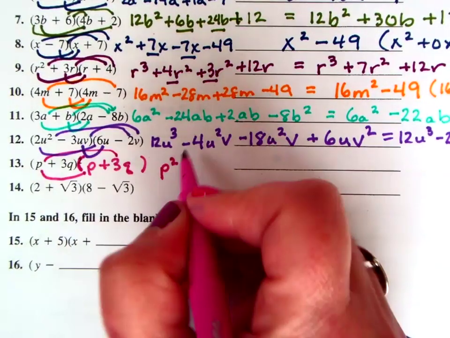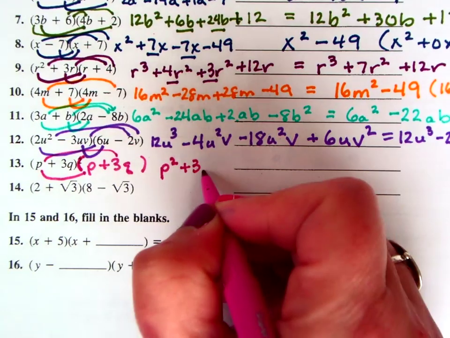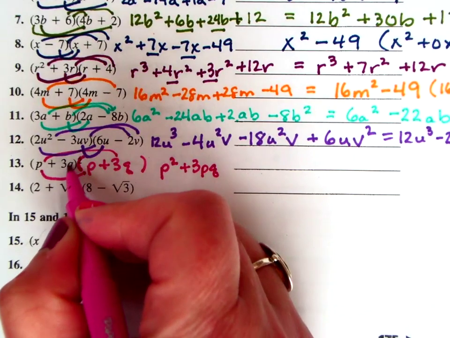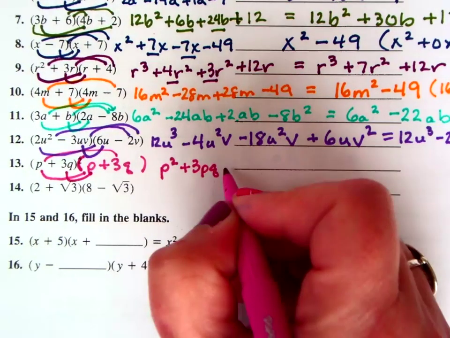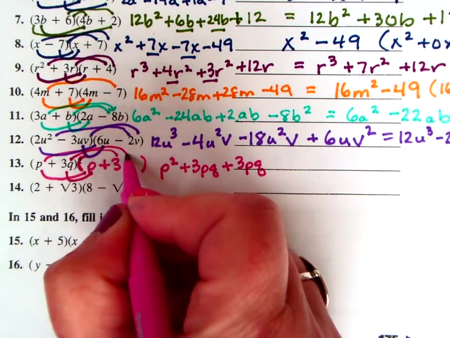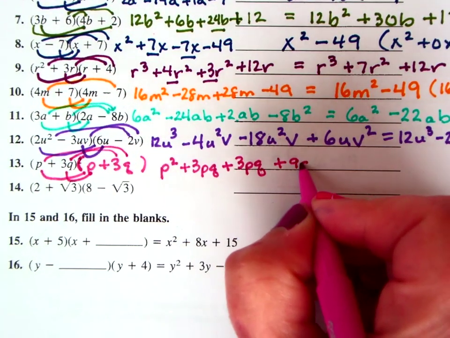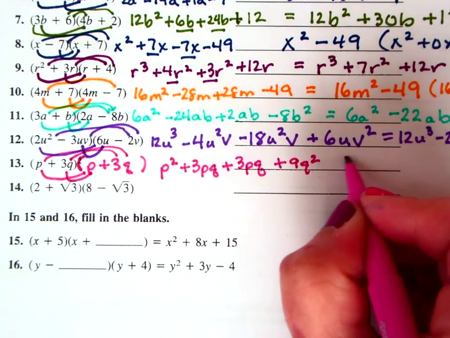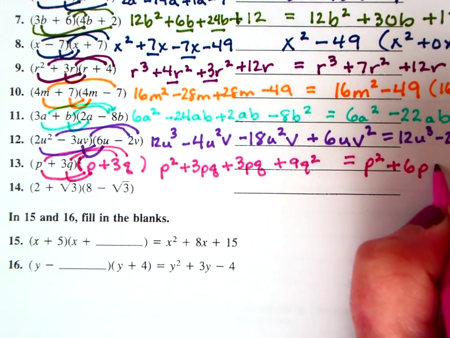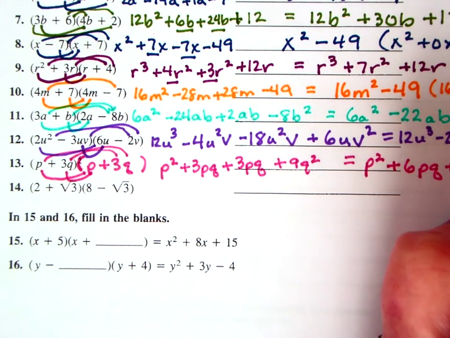P times 3q is plus 3pq. Again, this 3q times p is also plus 3pq. And then the 3q times the 3q is 9q squared. Okay, so the final answer here is p squared plus 6pq plus 9q squared.